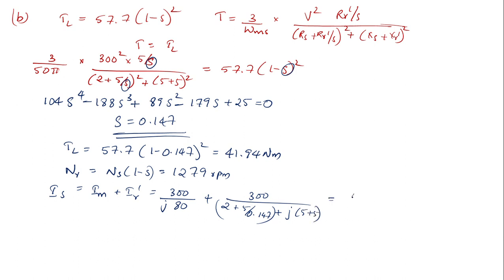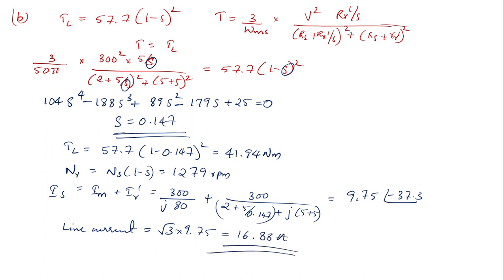On solving, you will get 9.75 angle minus 37.3, and to get the line current you multiply it by root 3. So that will be root 3 into 9.75, and finally you get the answer as 16.88 amperes.